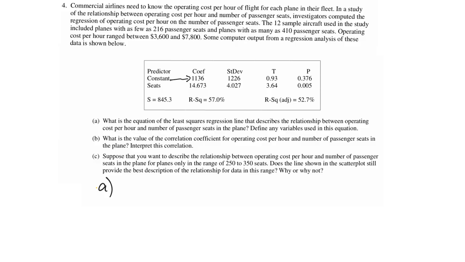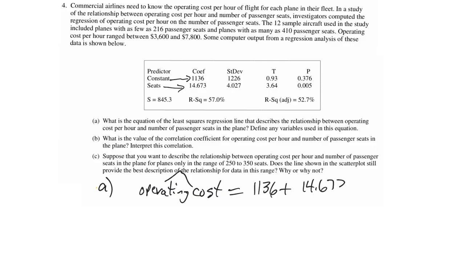So we know that we are predicting our operating cost. So it's operating cost hat is equal to 1136 plus, and next to the number of seats is 14.673, so 14.673 times the number of seats.